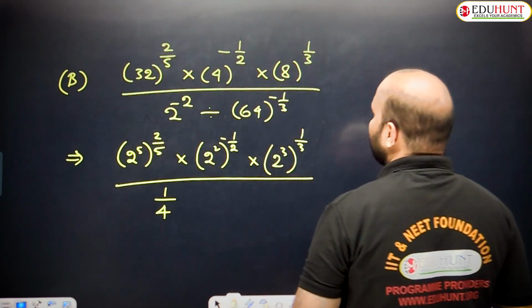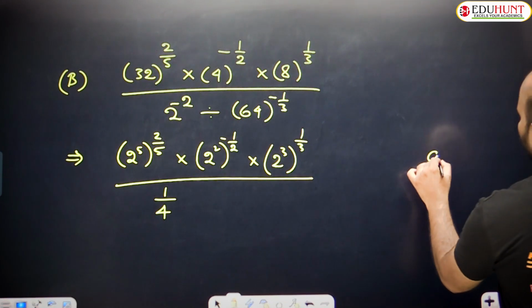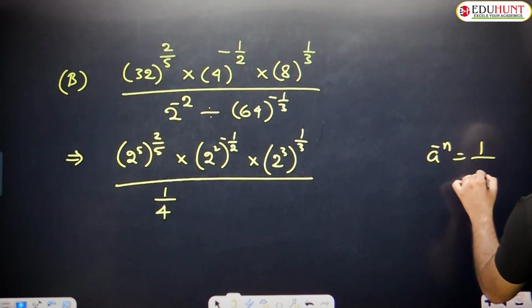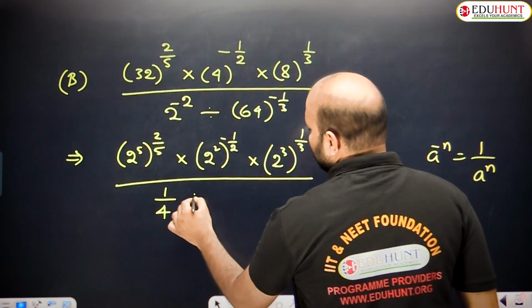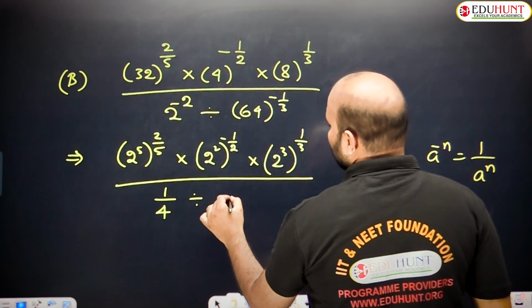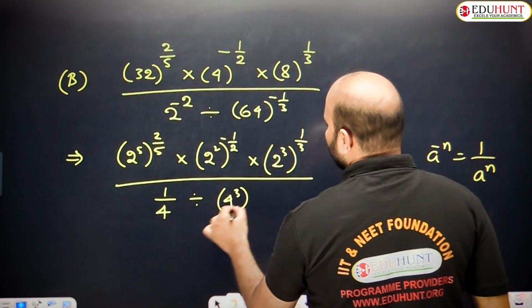According to the formula, a power minus n can be written as 1 by a power n, nothing but 1 by 2 square, nothing but 4, divided by 64 written as 4 cube, whole power minus 1 by 3.